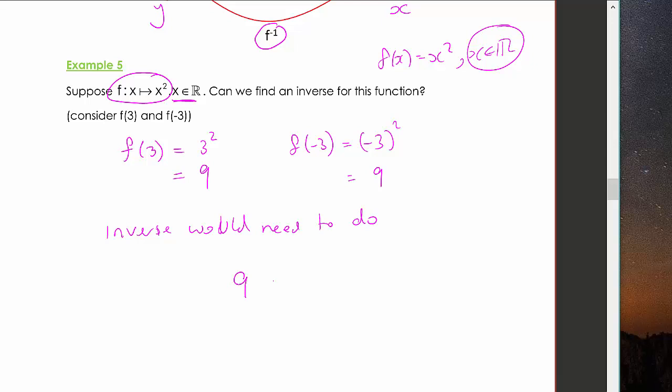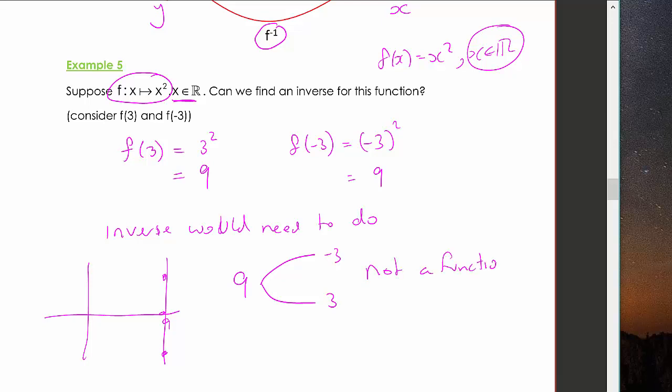It would need to take 9 and map it back to both negative 3 and 3. And that means it would fail, think about it on a graph, at 9 we'd have to get 3 and negative 3 and it would fail the vertical line test. So that would be not a function. So the point is that no, we cannot find the inverse for that function.